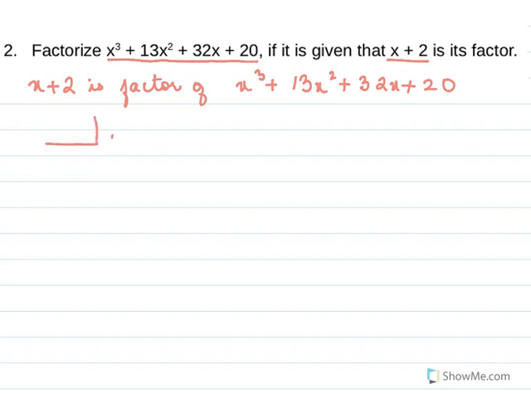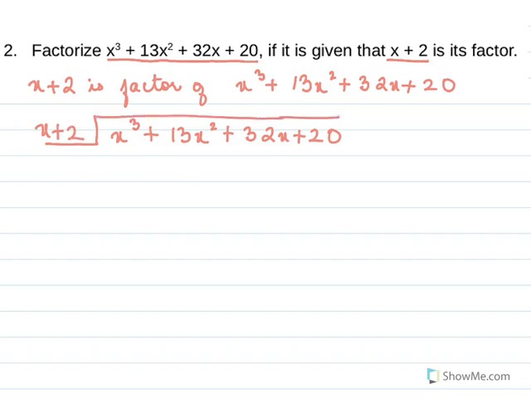So we will divide the polynomial x cube plus 13x square plus 32x plus 20 by x plus 2. When we divide, the quotient that we get will be the other factor. So we go ahead with the division.